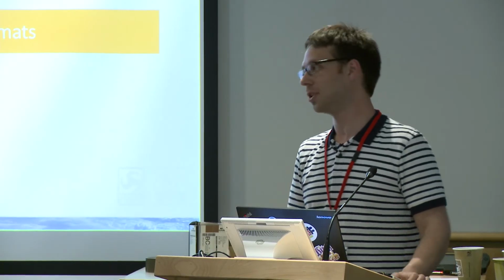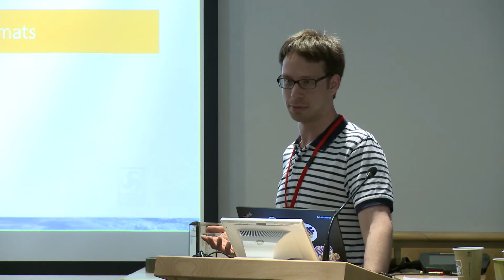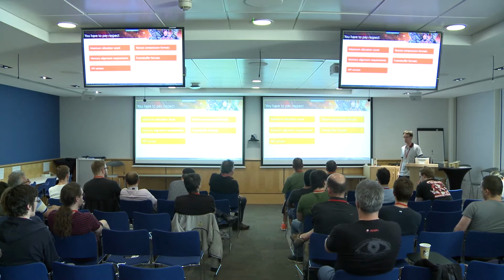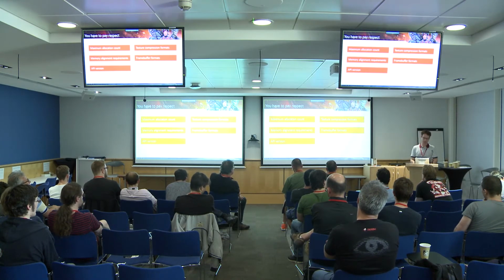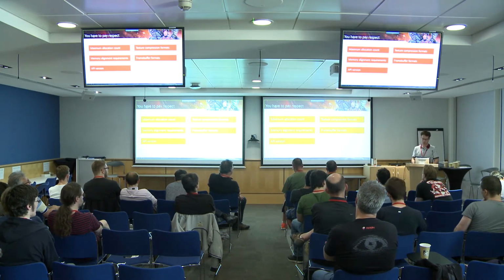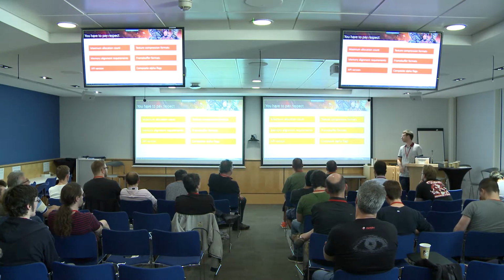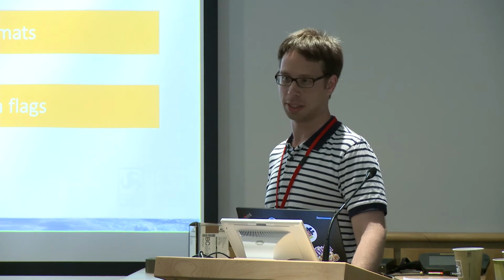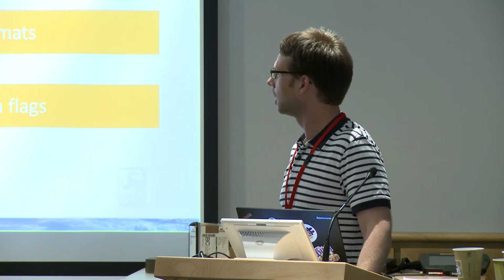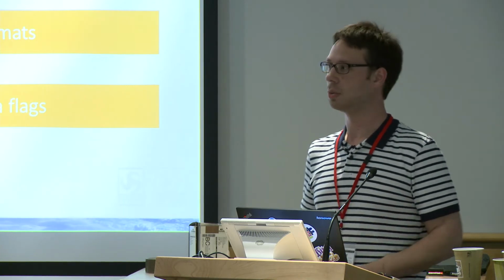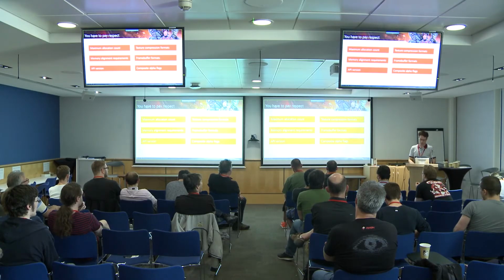Then you have different frame buffer formats. Your GPU could support RGBA or BGRA. You have different depth and stencil formats, and they might be combined or not combined. So you should check what your Vulkan implementation wants before you create your buffers. And last, you have the composite alpha flags. That flag determines how your window is composited with the rest of the desktop. This is also something that's different between Windows and Android, and you should query what you have to use.